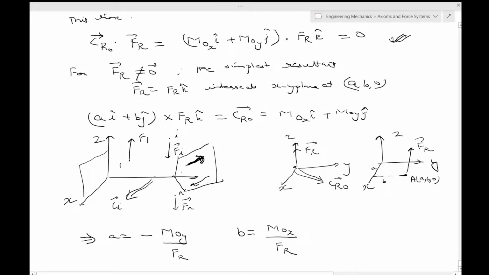So this is simpler to write. To see this, you can just see how the dot products and the cosines play a role. Dot product essentially gives you a cosine, and that's where the direction cosines come up.